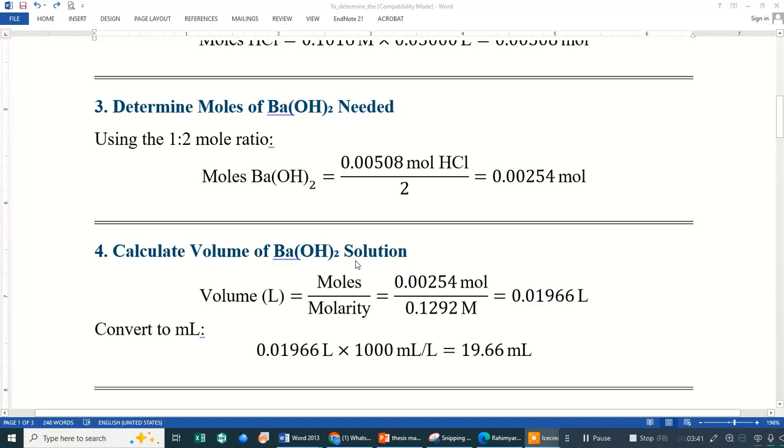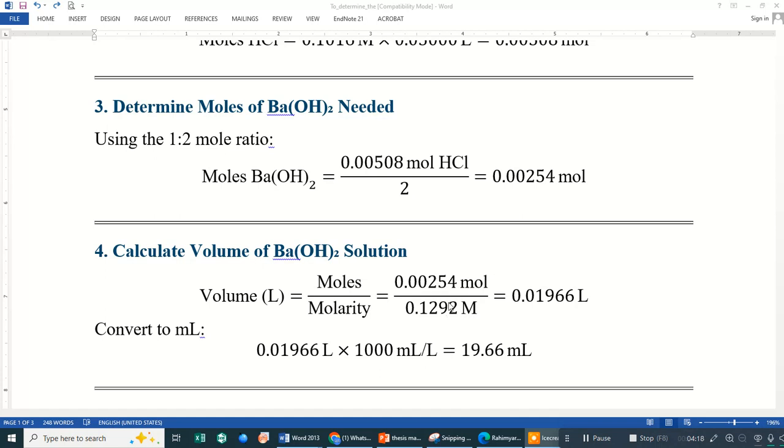Next, by using this number of moles of barium hydroxide, we can calculate the volume of barium hydroxide by using the molarity formula. Molarity is equal to the moles divided by the volume of solution in liters, and by rearranging that formula, we determine the volume. The number of moles of barium hydroxide we have calculated, and the molarity of barium hydroxide is given in the problem statement.